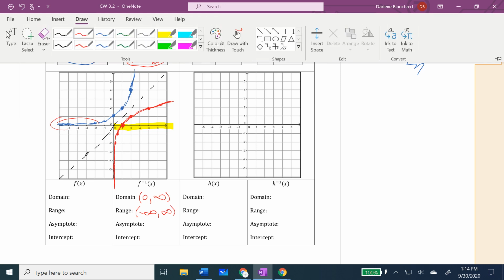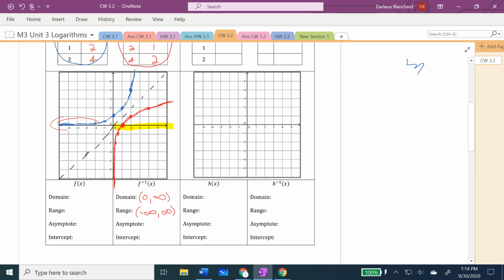Do you recall that exponential functions have domains negative infinity to positive infinity for where their x's exist? And do you recall that their range is only positive numbers 0 to infinity? Anytime you have a pair of inverse functions, they swap their domain and range.